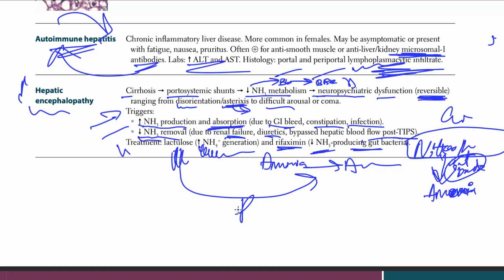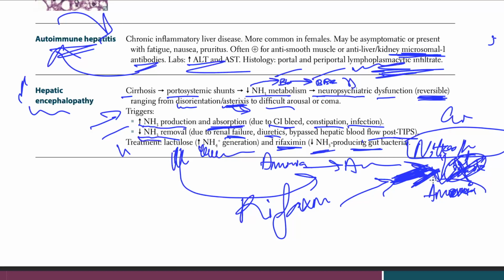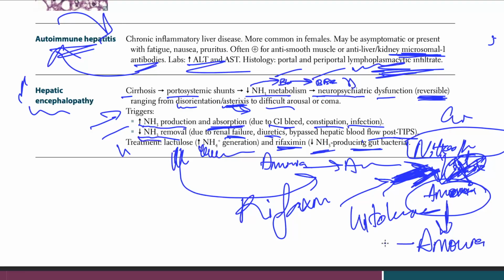So we give rifaximin. It is going to destroy the gut bacteria. When it destroys the gut bacteria, those nitrogens cannot form into ammonia. But even if they do form ammonia, we give lactulose. That converts ammonia into ammonium, which directly gets out into feces.